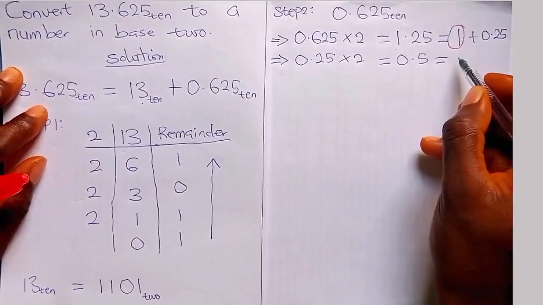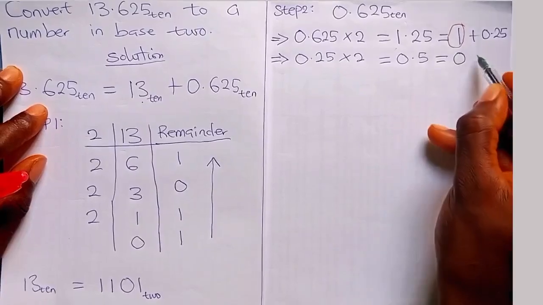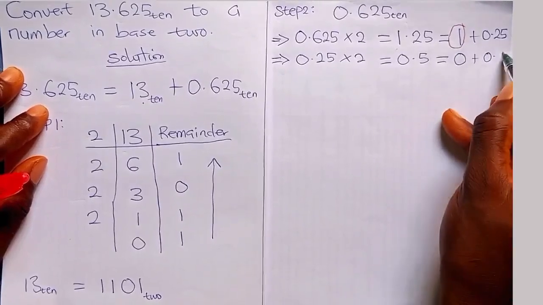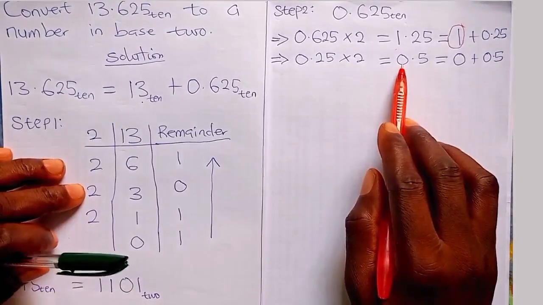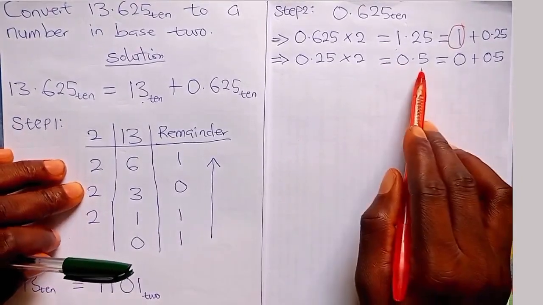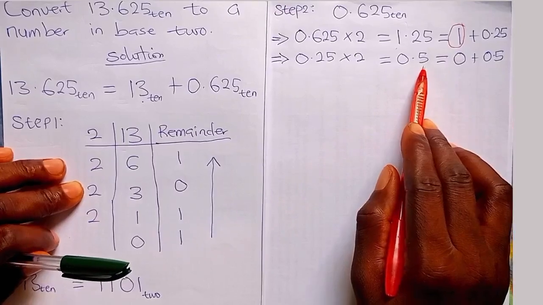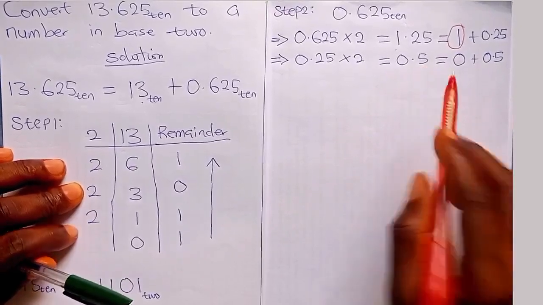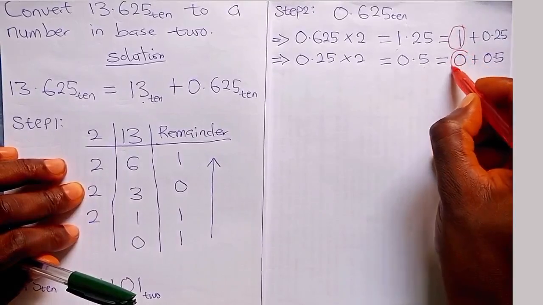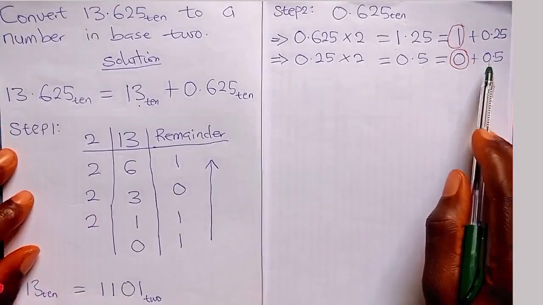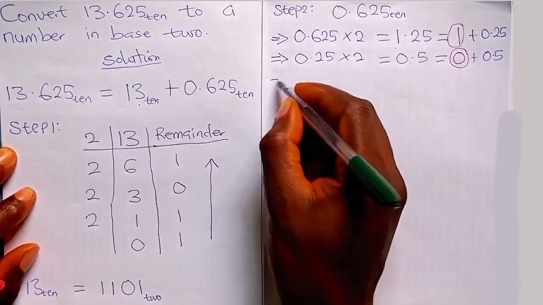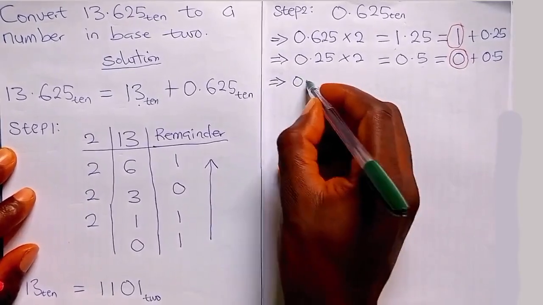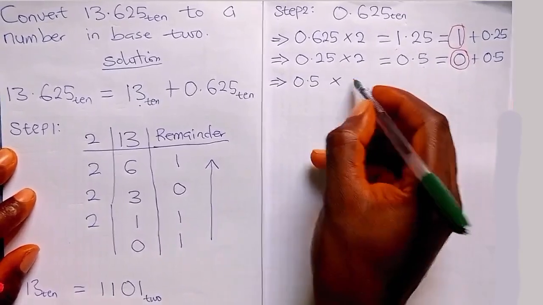This can be split into 0 plus 0.5, because the whole number part here is 0 and the decimal number part is 0.5. So we take note of this 0, then we carry over the 0.5 and continue our multiplication. So this also implies 0.5 times 2.